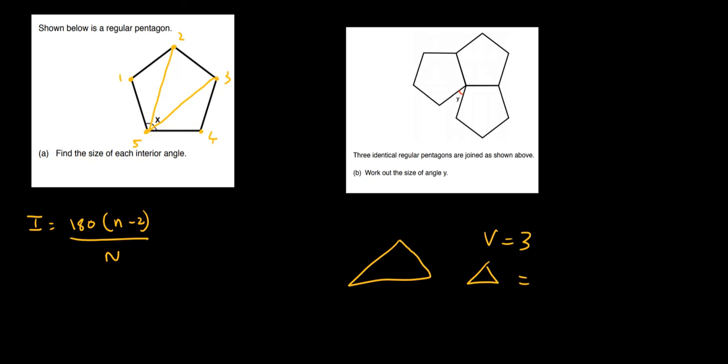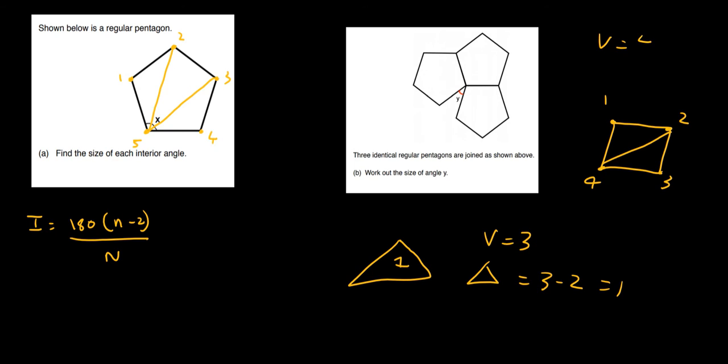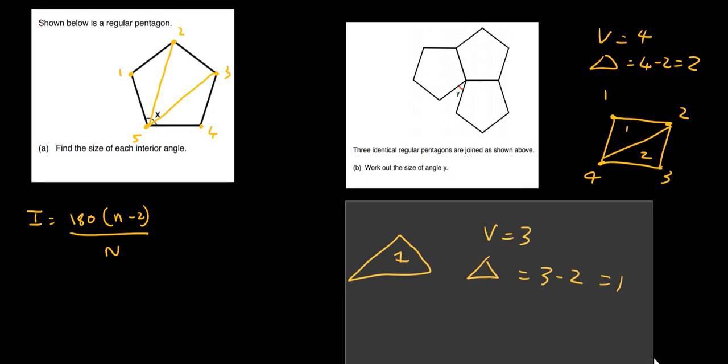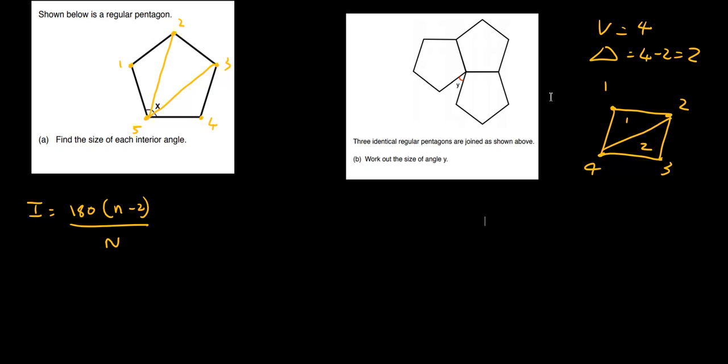The triangle count is 3 minus 2, which is 1. Got one triangle here. Put another polygon. We have 1 vertex, 2 vertices, 3 vertices, 4 vertices. So vertices are 4. Number of triangles is 4 minus 2, which is 2. 1 triangle, 2 triangles. Okay, so pause the video and have a go at these 2 questions.